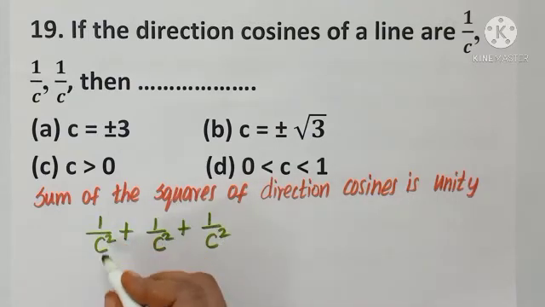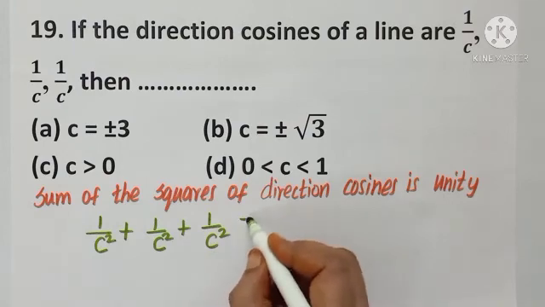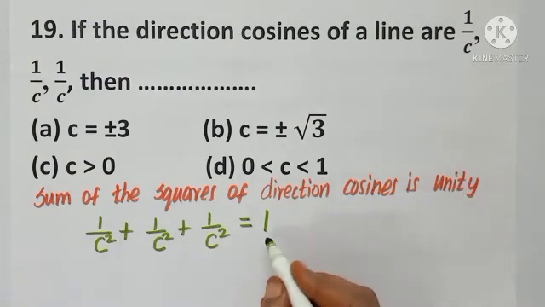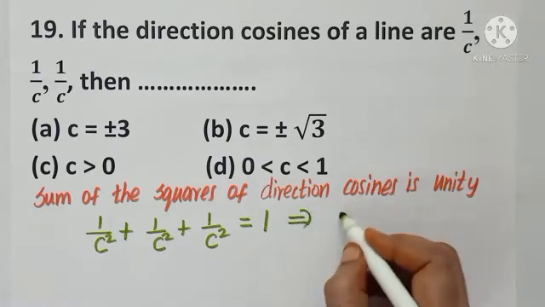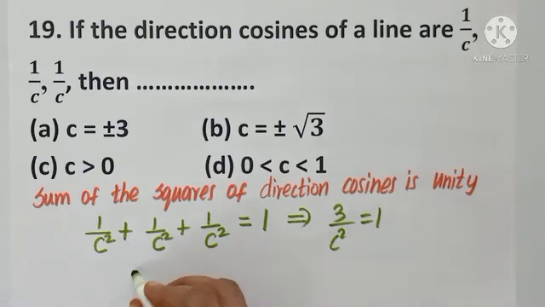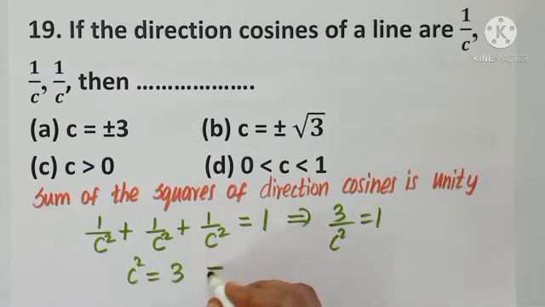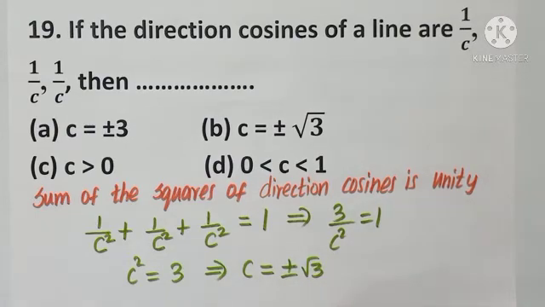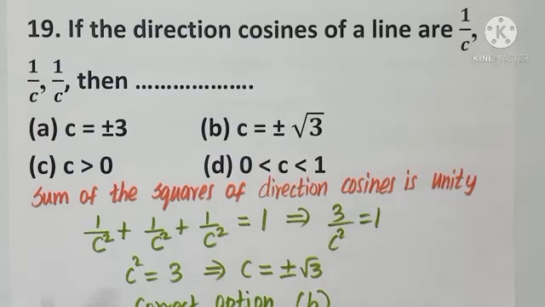So 1 by c square, 1 by c square, 1 by c square together is unity. Unity tells me 1. That is 3 by c square is 1, or cross multiplying c square is 3, which gives us c equals plus or minus root 3. So the correct option is B, and it is c equals plus or minus root 3.